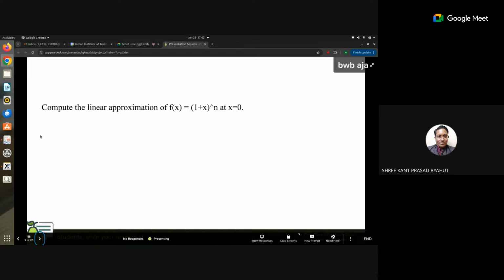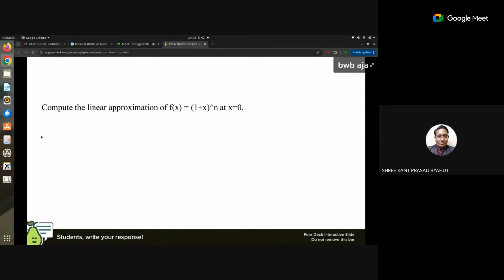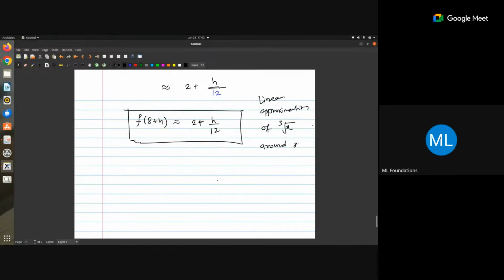Okay. Suppose we want to find out the linear approximation of some value around 8. Suppose 8.3, right? So you just have to put it here. So f of 8.3 will be approximately equal to 2 plus 0.3 by 12. Now this is a generic form, right?